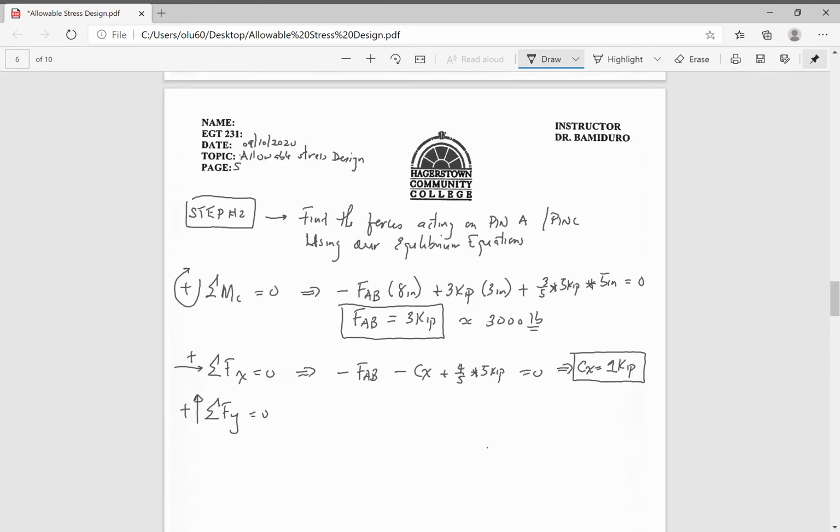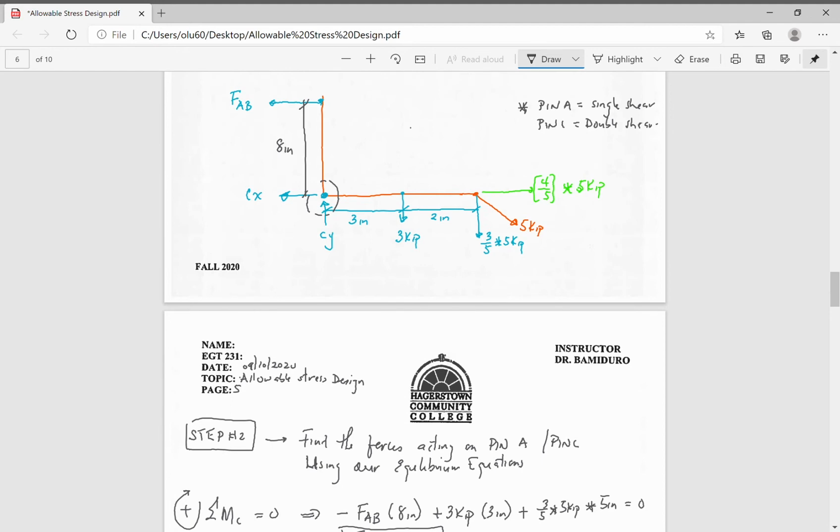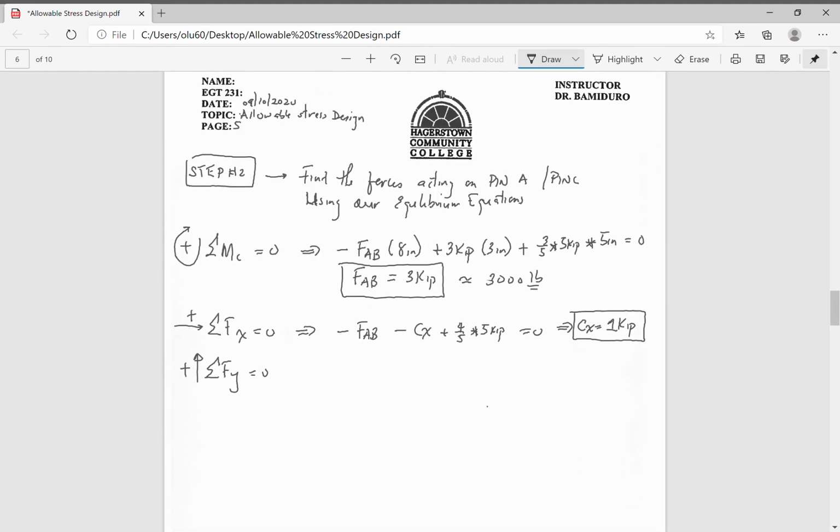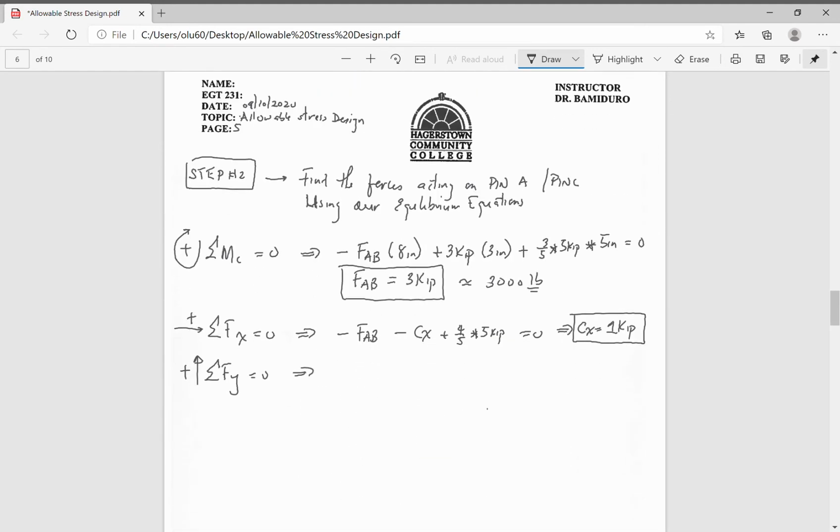When you look at all the forces in the Y direction, you have 1, 2, 3 forces, and they are as follows: CY minus 3 kips minus 3/5 of 5 kips equals 0. And then our CY happens to be 6 kips, or 6,000 pounds.